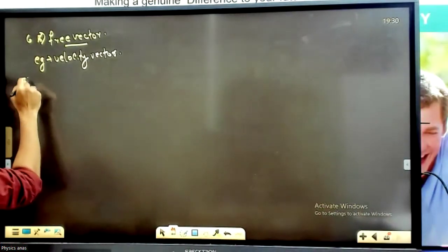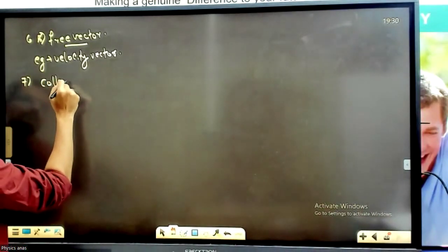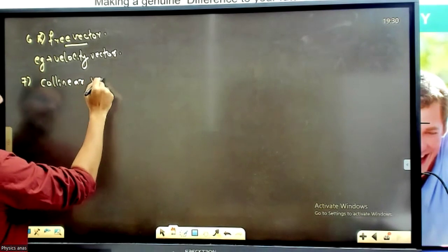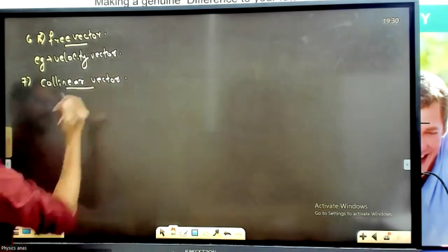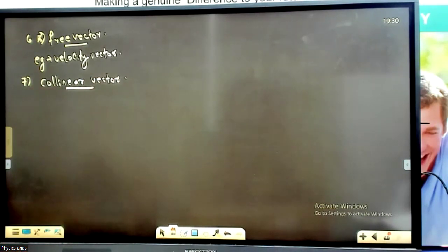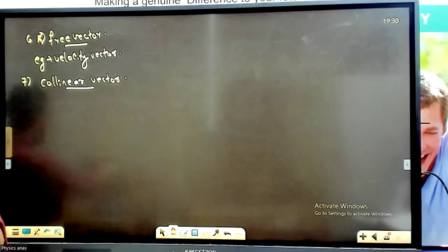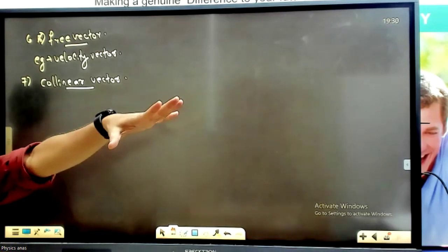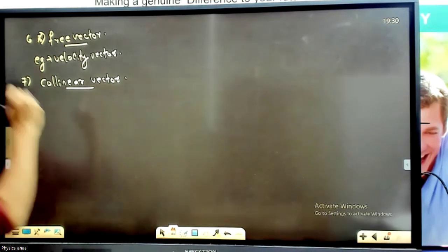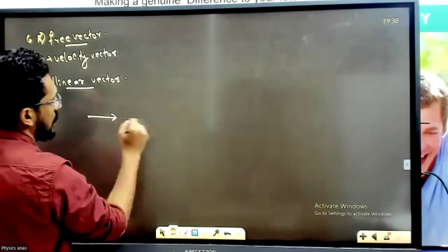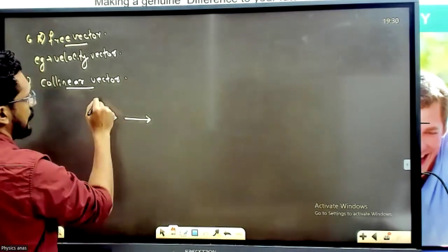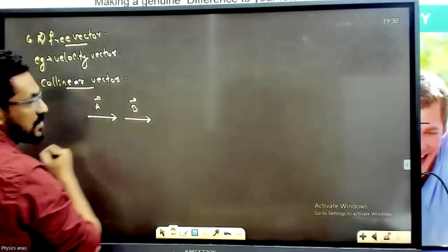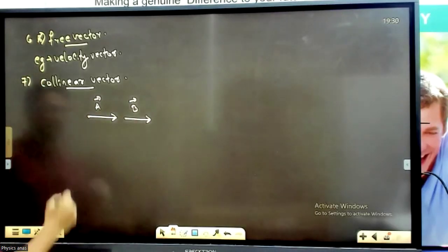The 7th one, collinear vector. What will be a collinear vector? Collinear vectors are vectors on the same line. Vector A and vector B are collinear vectors. Don't write it.